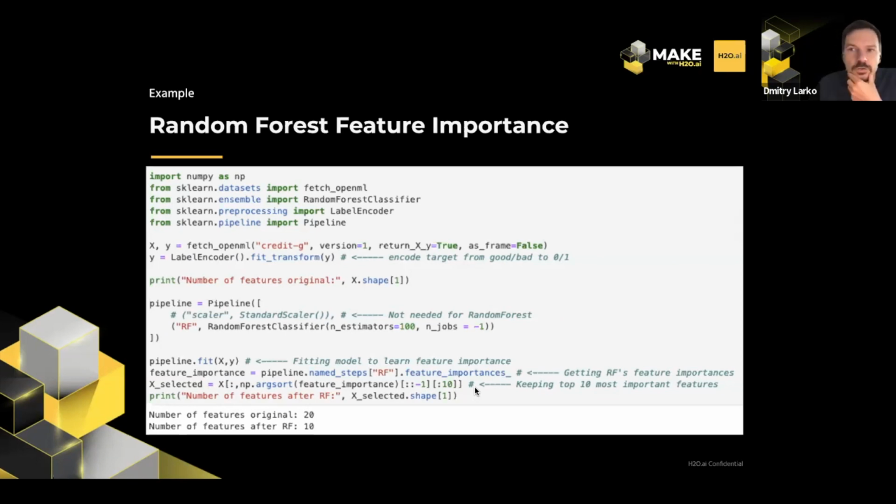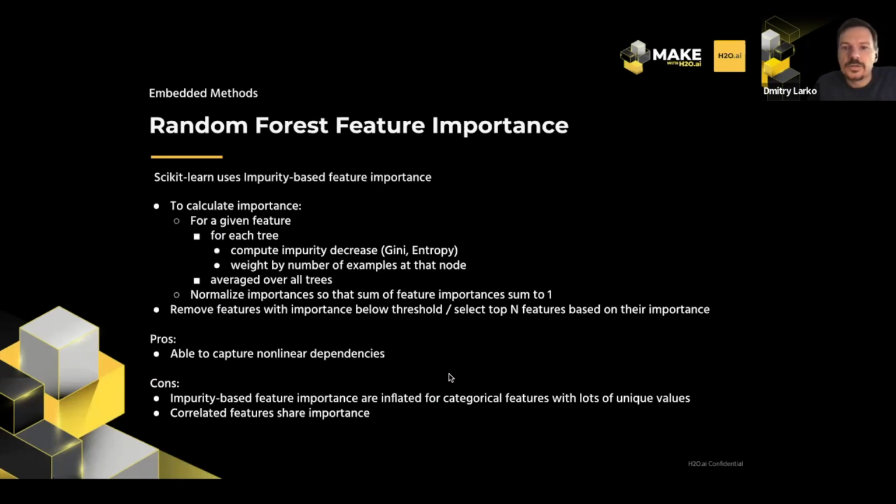You also can use a threshold, right? But you cannot set it automatically, because you reweight your importance so the sum ends up being 1, and that means your threshold is always going to depend on how many features you have.